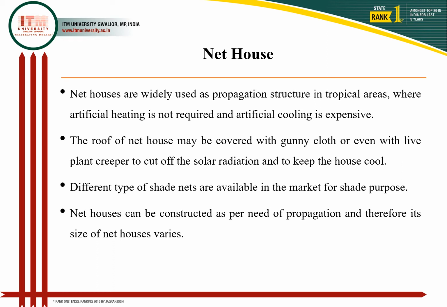So at that time there is a need for cooling and proper shade, and that is provided by the net house. Sometimes it is very useful to bring a cooling effect by covering the top of the net houses with gunny bags, and you can wet them also, so that it will have a cooling impact on the materials inside.